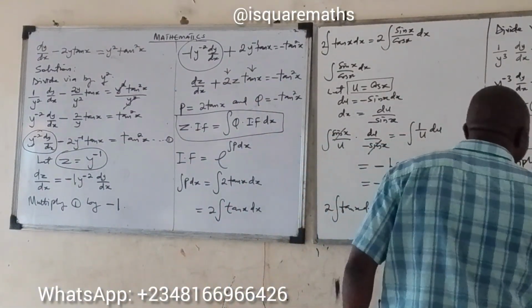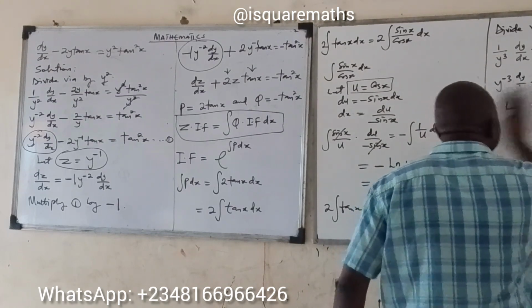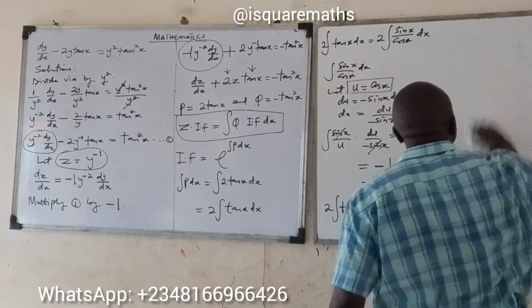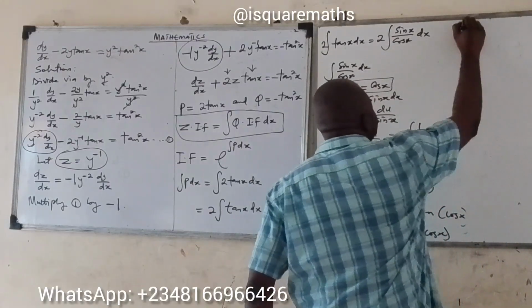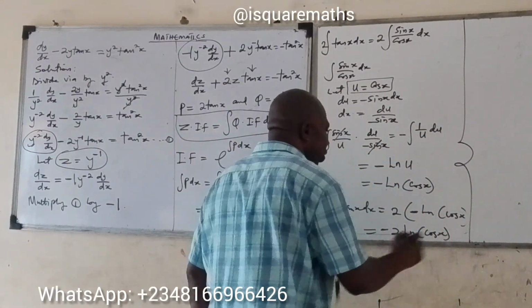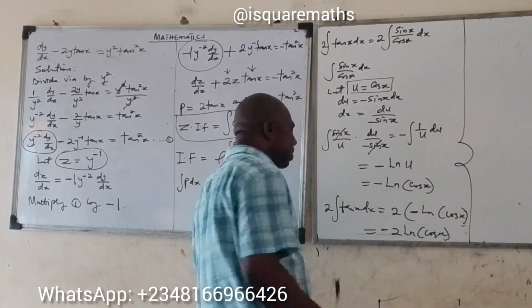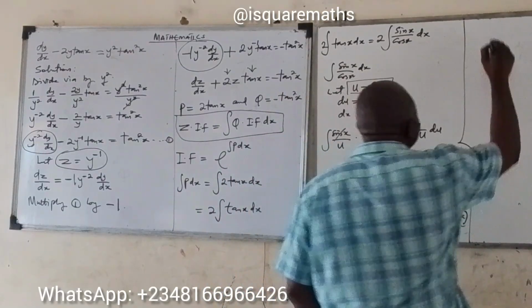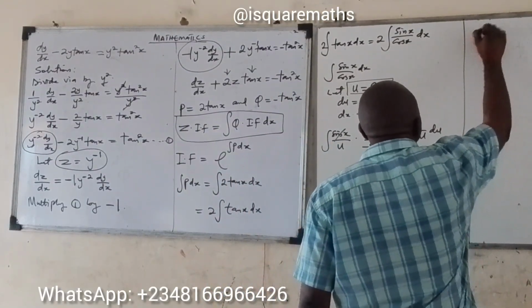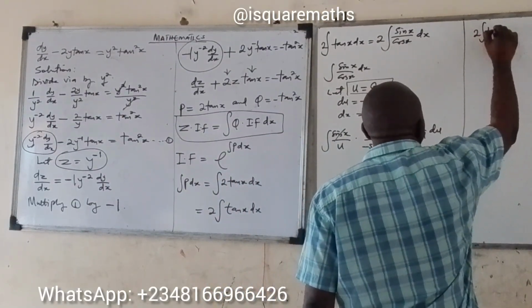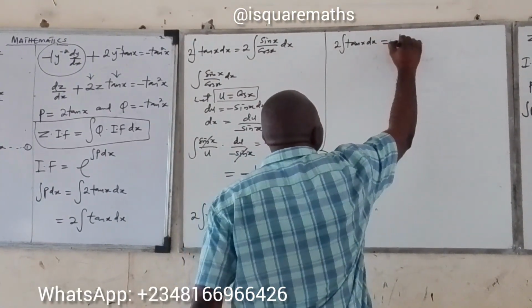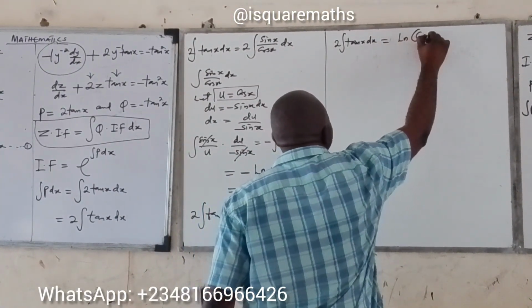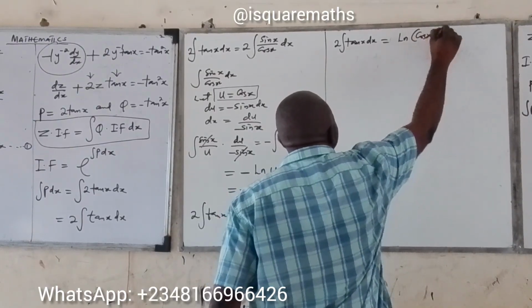At this point, remember the laws of logarithm. This 2, we can take to the other side as a power. So 2 integral tan x dx will be equal to ln cos x all raised to the power of minus 2.